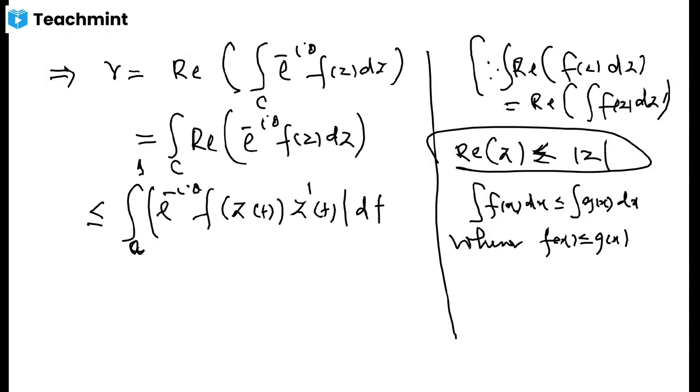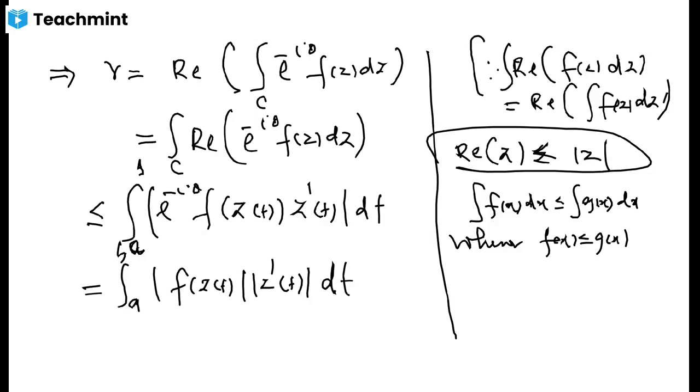So what is the modulus of e to the i theta? Since this is a product of complex numbers, modulus of e to the i theta is 1. So we are left with a to b modulus of f of z of t, modulus of z prime of t dt.